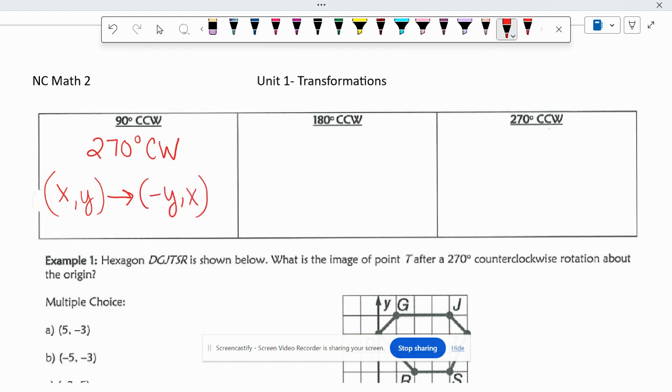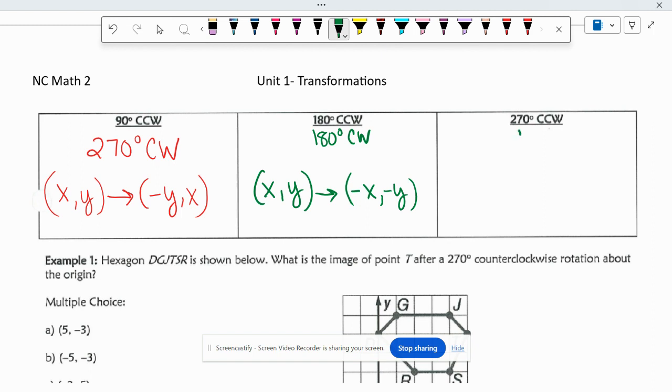These are just the rules that we just talked about. We know that 180 degrees counterclockwise is the same thing as 180 degrees clockwise. And that's why you typically don't see the letters after it, right? We know that that rule, x comma y, transforms to opposite x, opposite y.